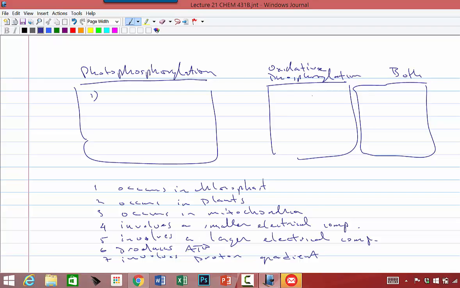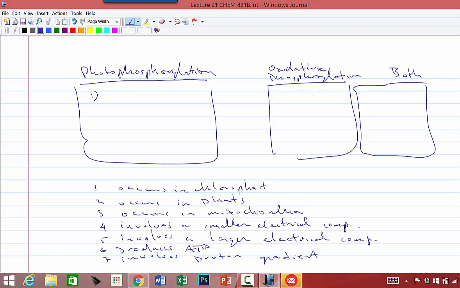Phosphorylation occurs due to the proton gradient, but how is that proton gradient actually created? Yeah, it's caused basically by photosystem 1, by chlorophylls, right? That's actually a good point. We don't classically call that oxidative phosphorylation, okay?